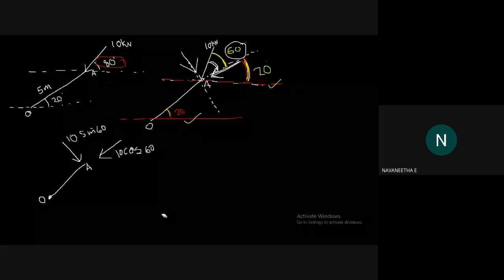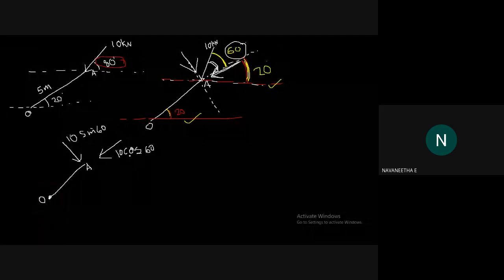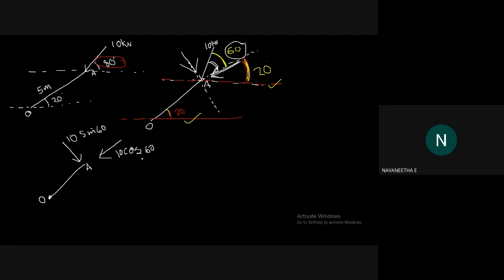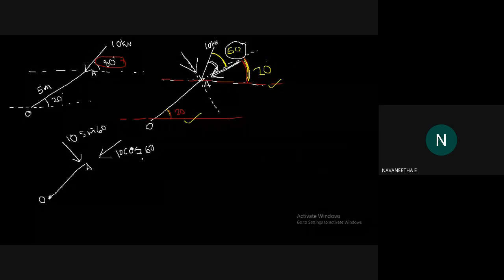Now look at the figure. Here, the x component and OA: what is the relation? How is it applying to the beam OA, whether perpendicular or parallel? 10 cos 60 is not acting in the perpendicular direction.